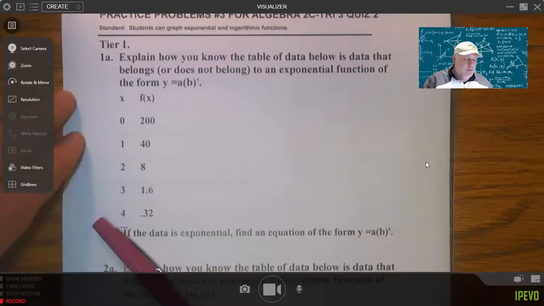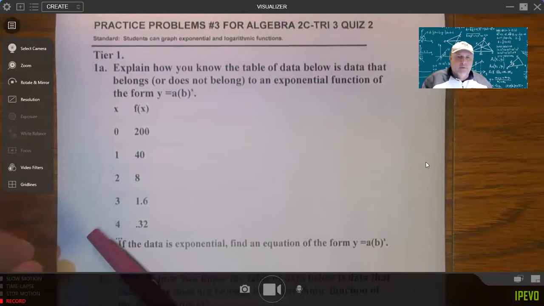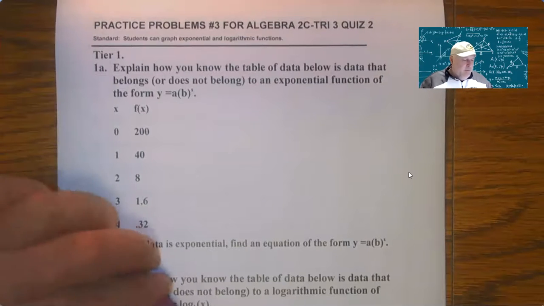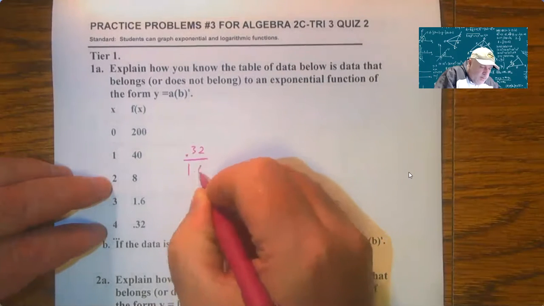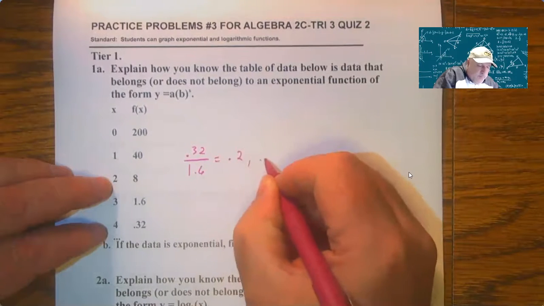These are the solutions for the third practice quiz for quiz 2 in the third trimester of Algebra 2. So basically on problem 1, you want to divide backwards to establish a value of b, which is called the multiplier. When you divide backwards, you will get 0.2 for each division.